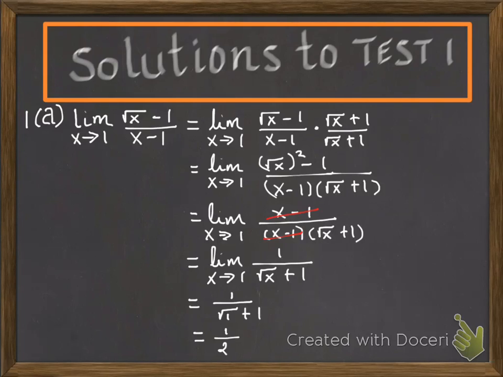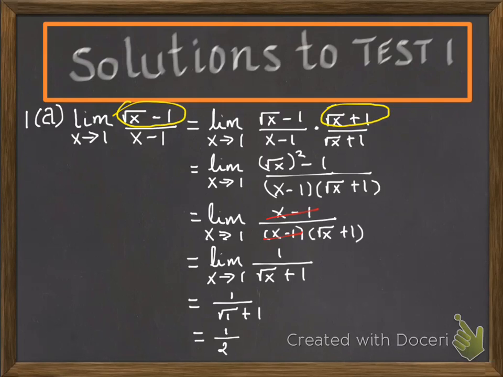eliminate x minus 1. One way to do this is to multiply top and bottom by the conjugate of the numerator. The conjugate of the numerator is the square root of x plus 1. So we multiply top and bottom by this expression.